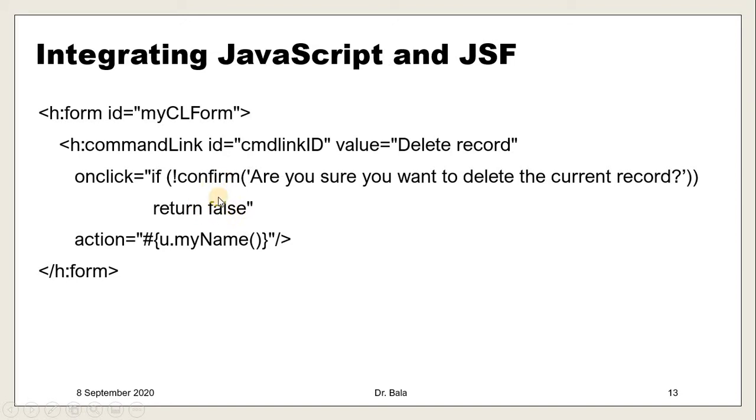If this value is true, then the respective action command will be performed. If you say cancel or no, then false will be returned and the action will not be performed. The action is in a user manager bean. For example, I just called my name function which will return the name value, just as an example. So if you say yes in the confirm message, only then will the action be performed.